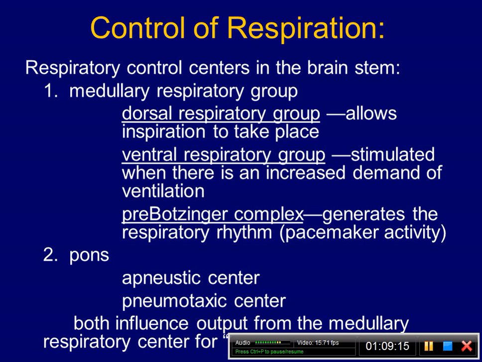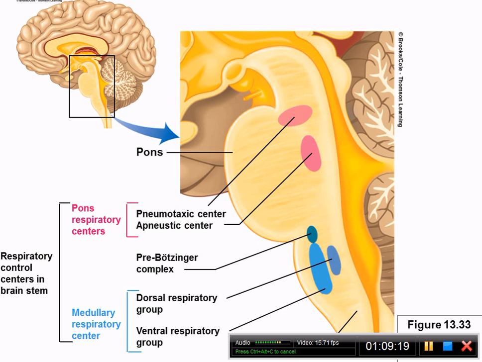If their pupil doesn't constrict, it means the swelling has probably smashed the midbrain up here. The brain has been pushing down, compressing this midbrain at the top. They lose that pupillary reflex. The next thing that they lose is their control of respiration. Not the fact that they stop breathing, but they don't regulate it. They don't fine-tune it.